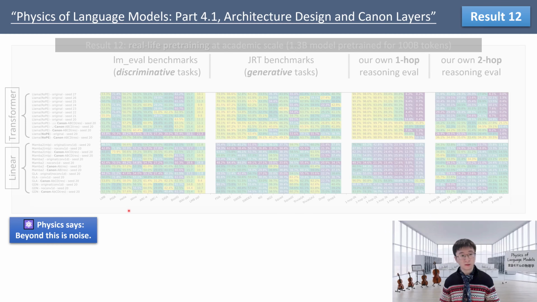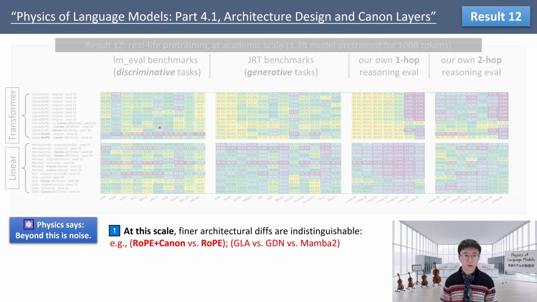So in the last slide, I just want to say that I will stop reading new signals from this paper, because beyond this, I think it's pretty much noise. In particular, at this academic-scale pre-training, you already see that, for instance, what we predicted as RoPE plus Canon versus RoPE, we said it's much better than RoPE, but you cannot see it from here. The rows are pretty similar.